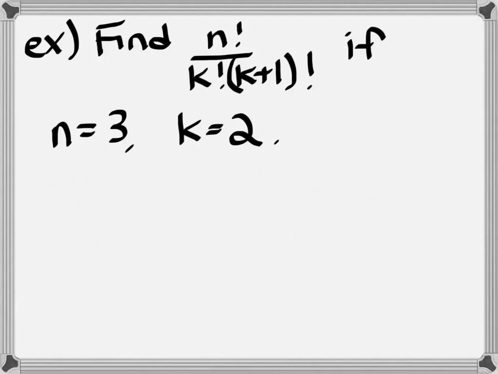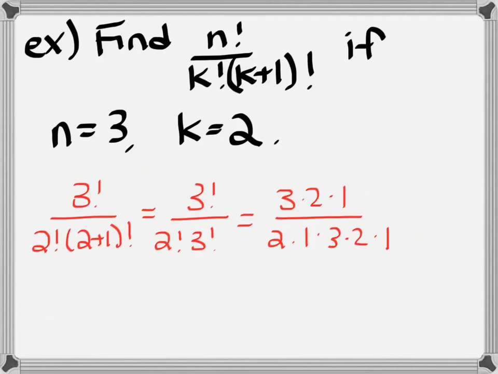Another way that we can apply factorials is in the following type of example. Suppose we wanted to find n factorial divided by k factorial times k plus 1 factorial. And then I'll tell you that n is equal to 3 and k is equal to 2. So we substitute in the numbers, 3 for n and 2 for k, and we end up with 3 factorial all over 2 factorial times 3 factorial.